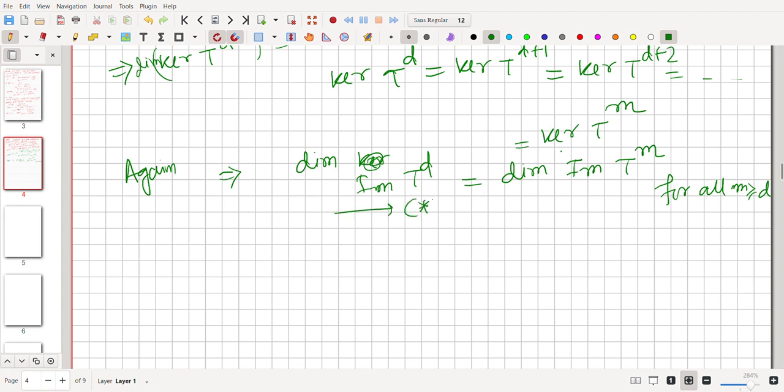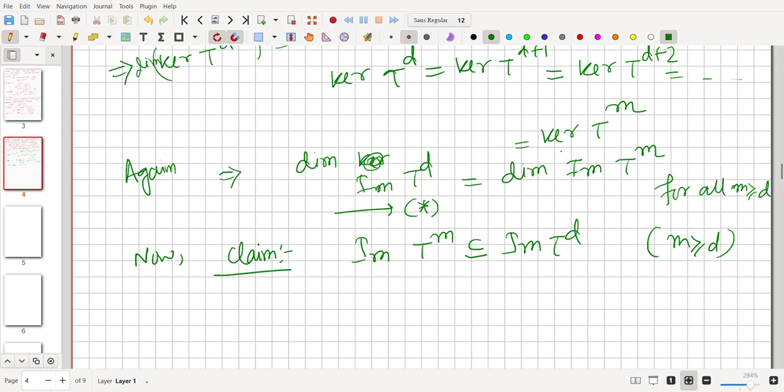So I got this, that the dimension of image T power d is the same as the dimension of image T power m for all m greater or equal to d. Now claim: it is obvious that image of T power m is always contained in image of T power d where m is greater or equal to d. Why? Because say y belongs to image T power m, that will imply T power m x equals y for some x.